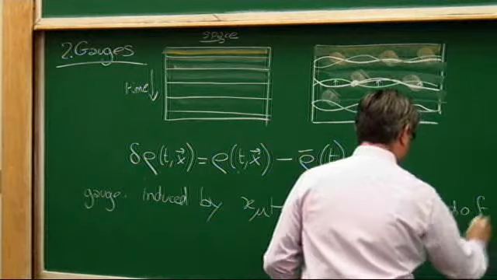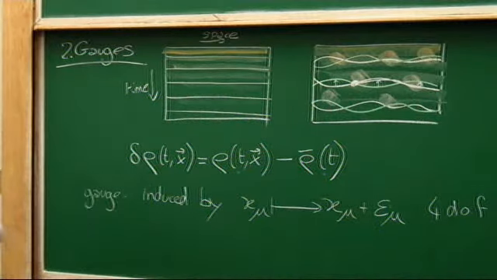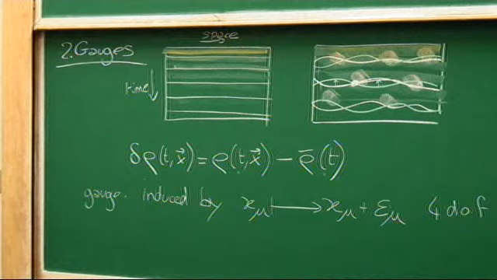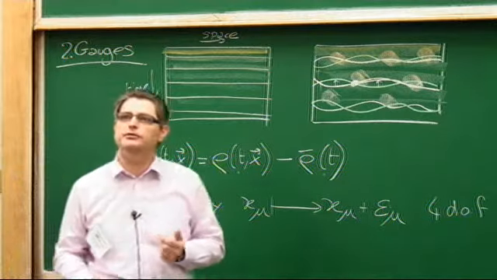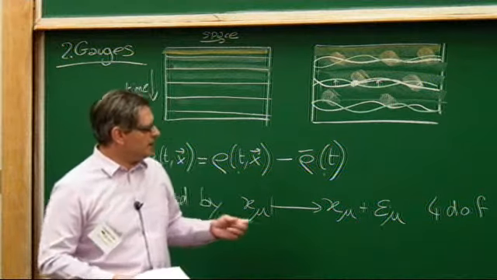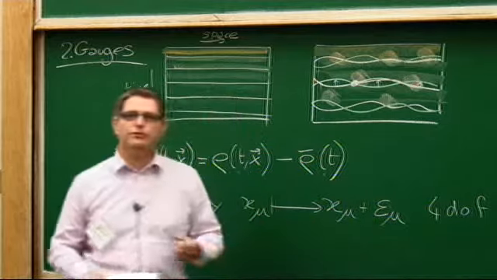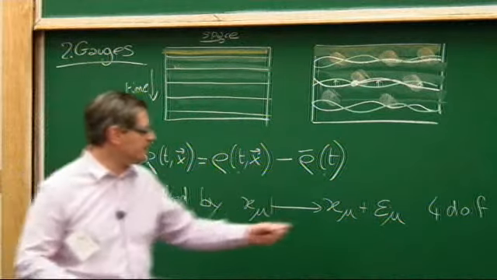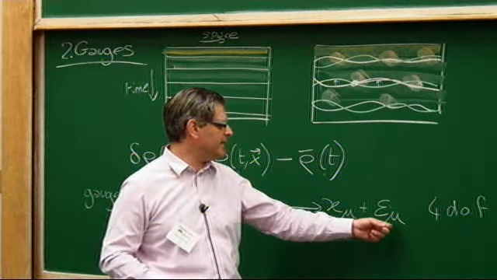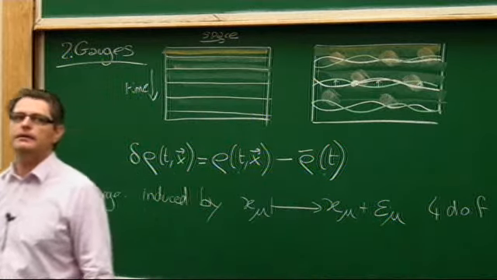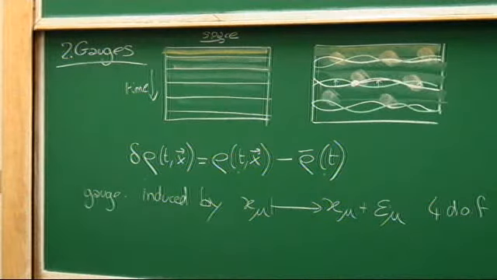So usually with this gauge transformation, I can cancel 2 degrees of freedom in my problem. And in these 4 degrees of freedom, there are 2 scalars and 2 vectors. Because in epsilon mu, I have 2 scalars hidden: I have epsilon 0, and I have the divergence of epsilon i. And the other 2 are vector degrees of freedom.